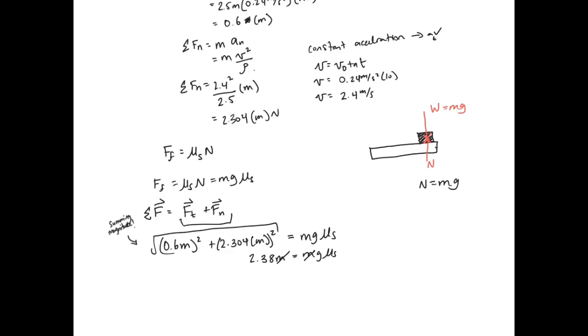These m's cancel. Gravity is known, so divide by 9.81 means our mu static is equal to 0.24, and that's unitless. So in this problem, we actually don't ever find out the mass of the trunk, but the mass cancels out, so we don't need to know it.